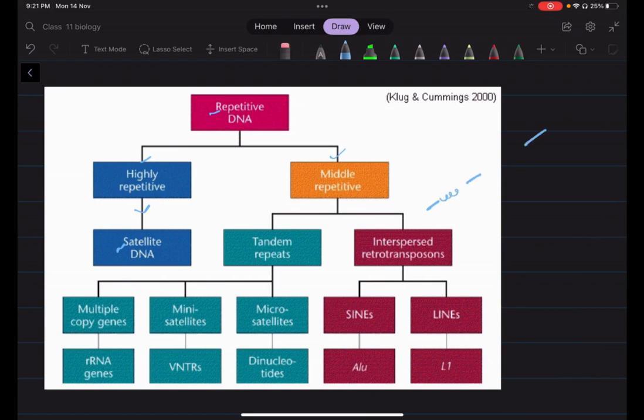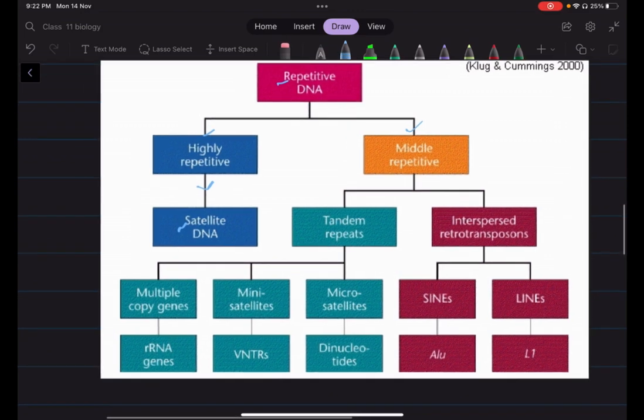There are some intermediate DNA sequences present between these specific DNAs that repeat themselves. But tandem repeat means these DNA sequences repeat and are right next to each other like this, so there is no other DNA sequence between them.